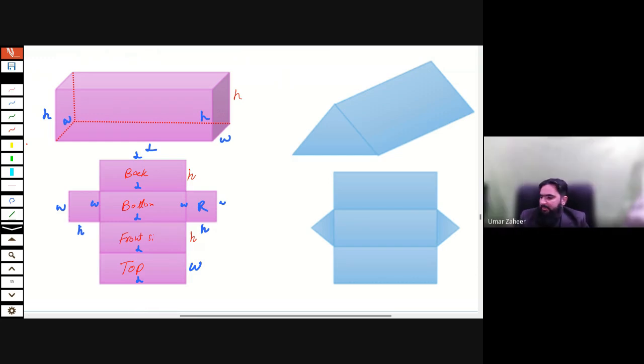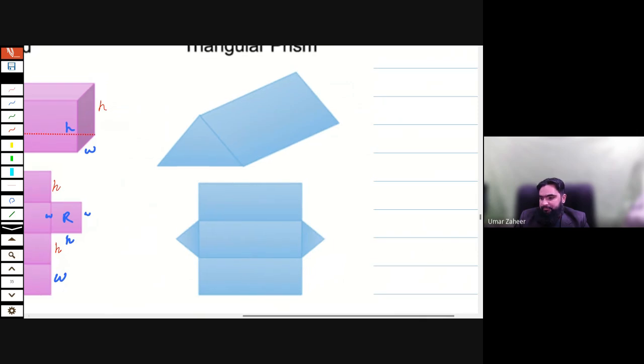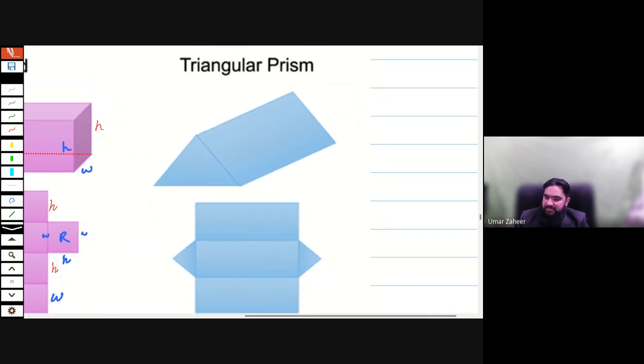Now look here. It is a triangular prism. The triangle is the front, and obviously at the back is exactly the same triangle. So this is the front triangle and this is the length. Mostly we say it is the height.